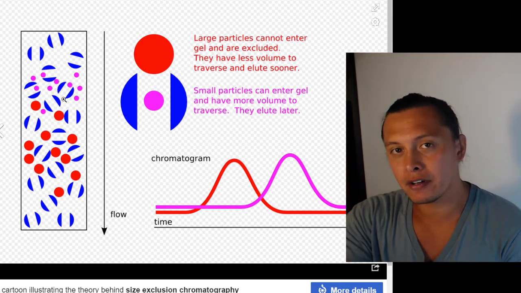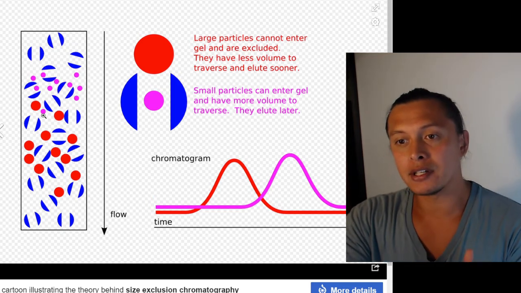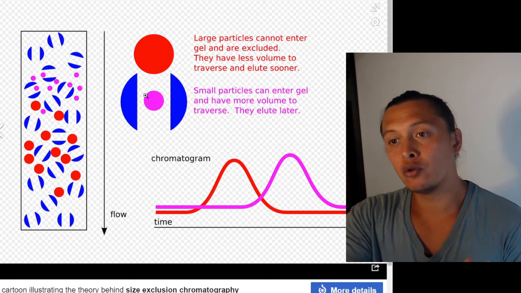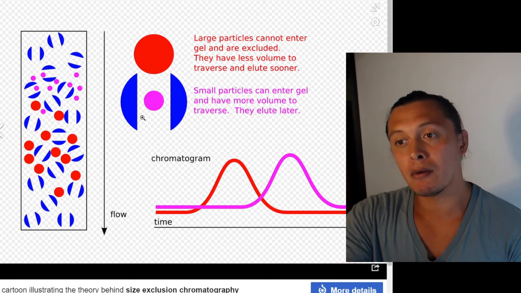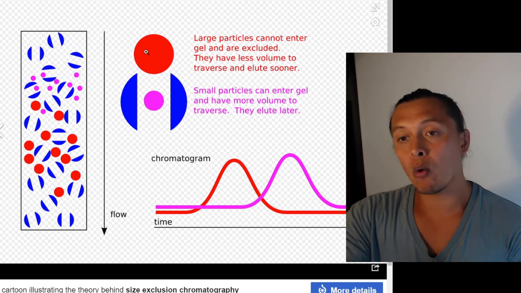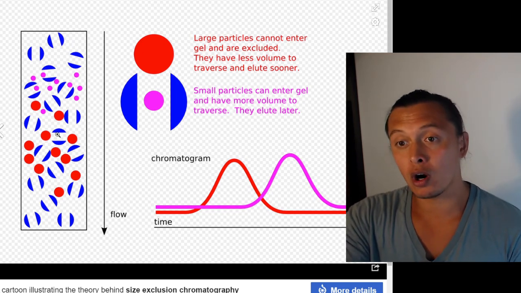And so what is the benefit of doing this? Well, these large molecules are not able to fit themselves into the small caverns of these beads. However, they are able to flow around them.